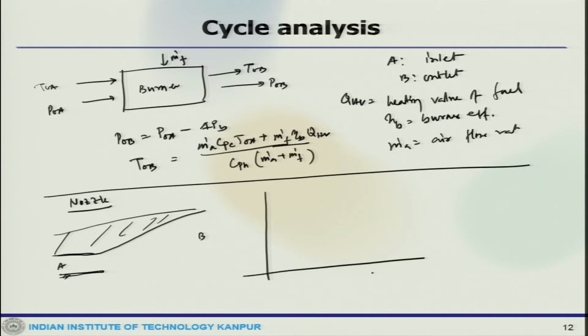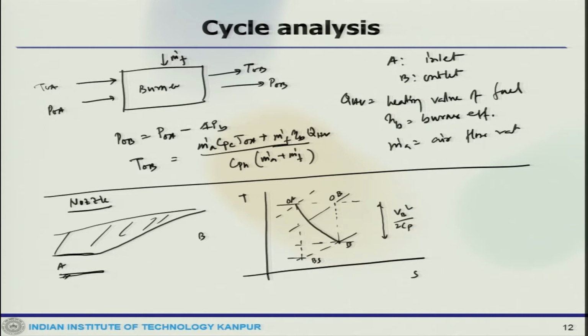So, the TS diagram for the nozzle module would be A to B. So, this is B. This is BS, this is OA, and we get OB, and this portion is VB square by 2CP.